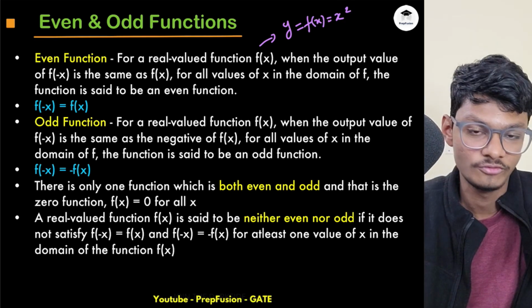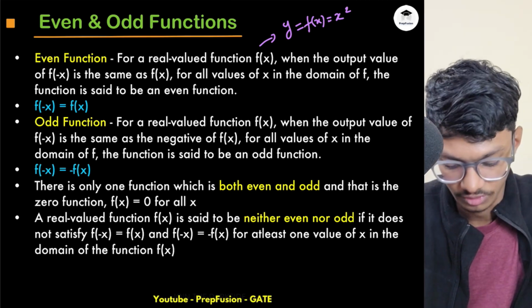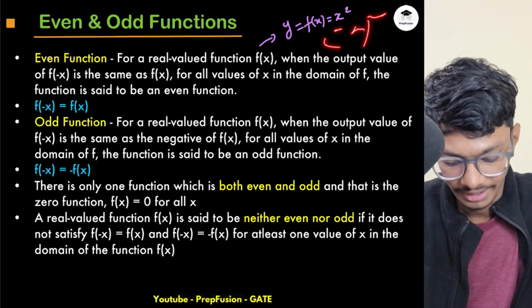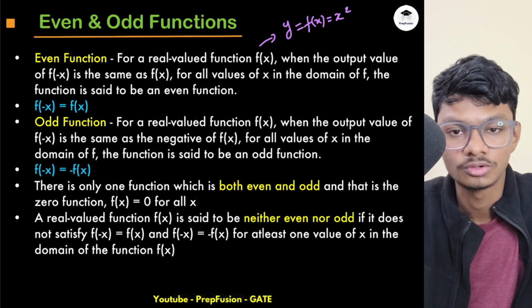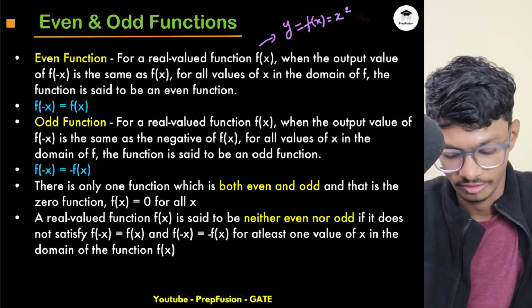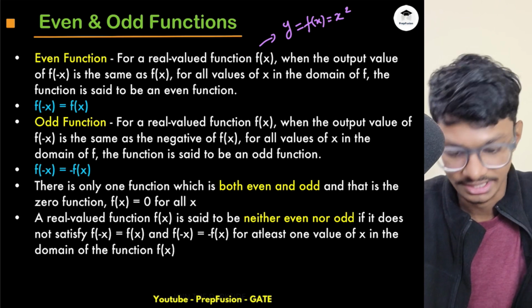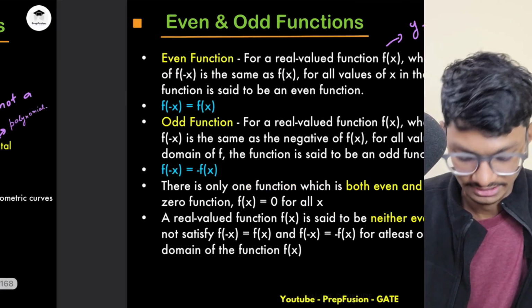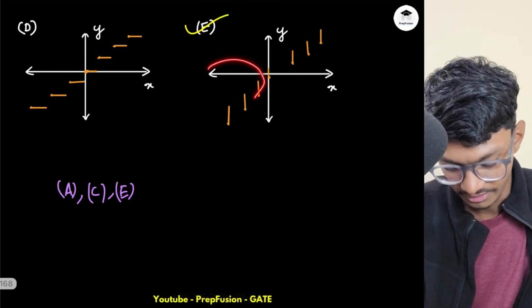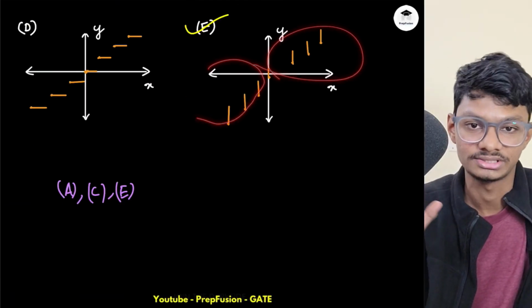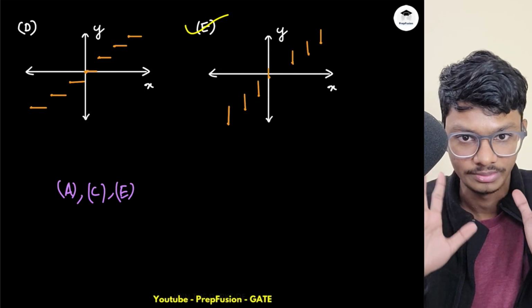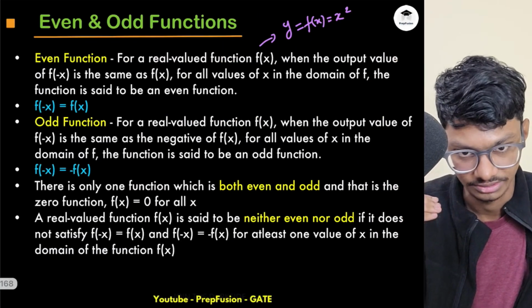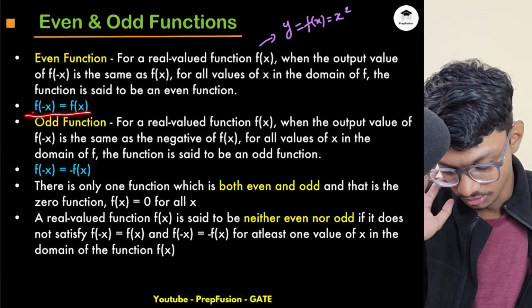Now if you replace x with minus x, what will happen? Minus x whole square. Minus 1 whole square is 1 only. So it will again be x square. So f of x will be equal to f of minus x. Hence it will be an even function. Why? Because the left hand side of my x axis and the right hand side of my x axis will be symmetrical, will be the same. We'll see with examples. So this is the relationship.